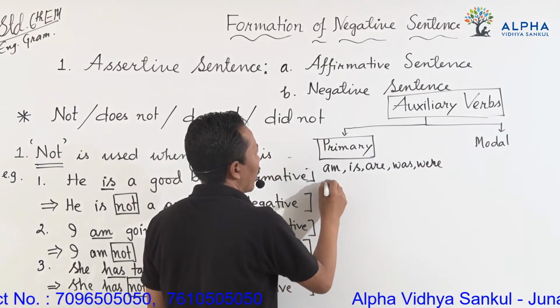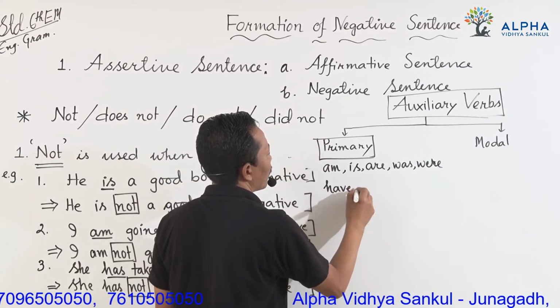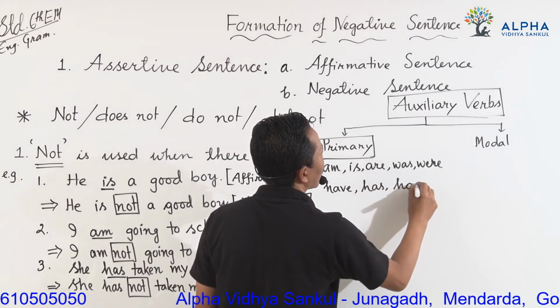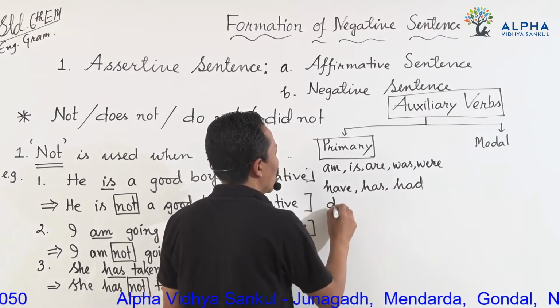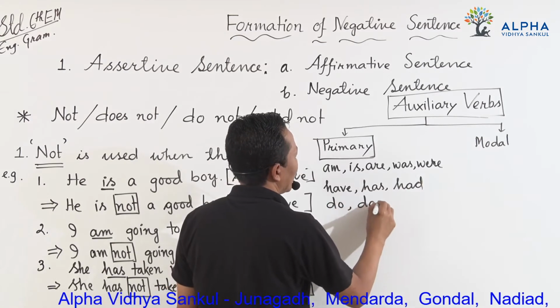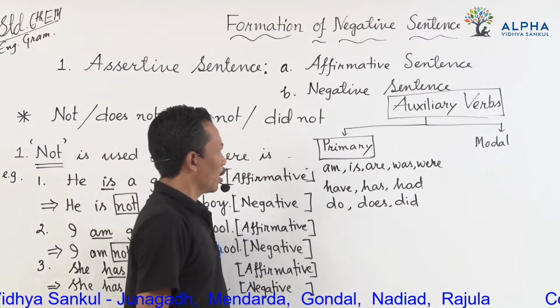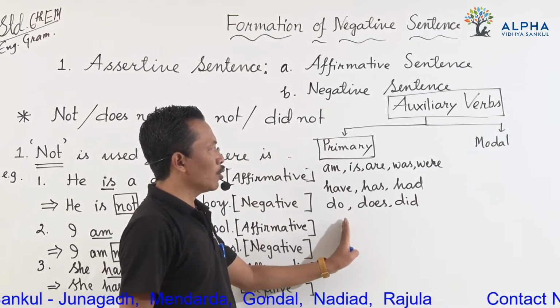And have verb: have, has, and had. Do verb: do, does, and did. These are primary auxiliaries.